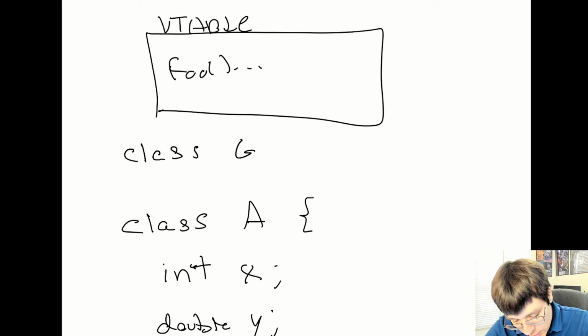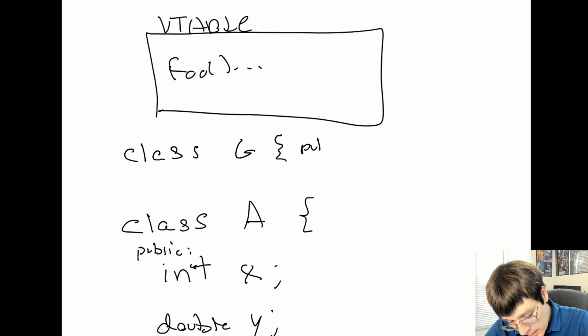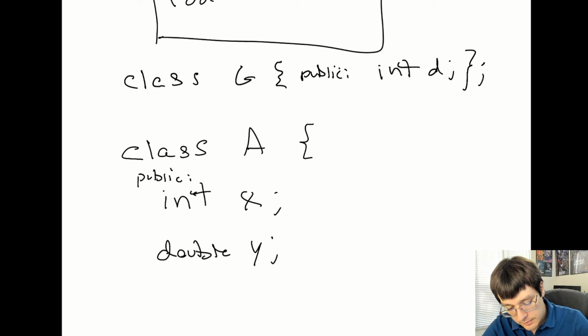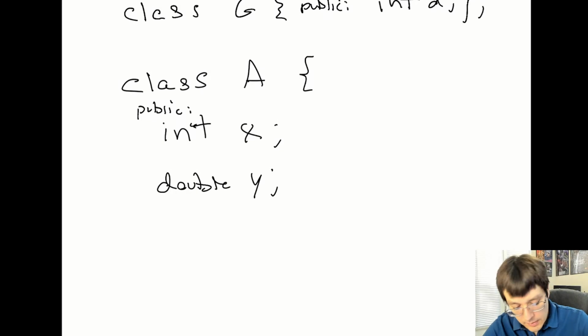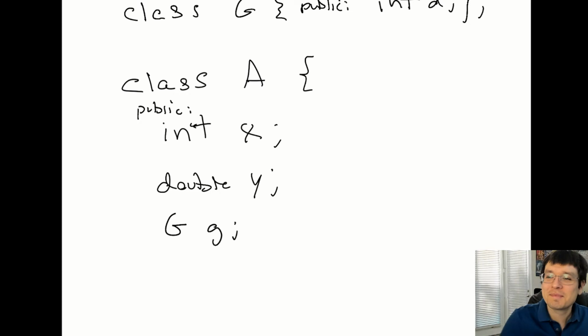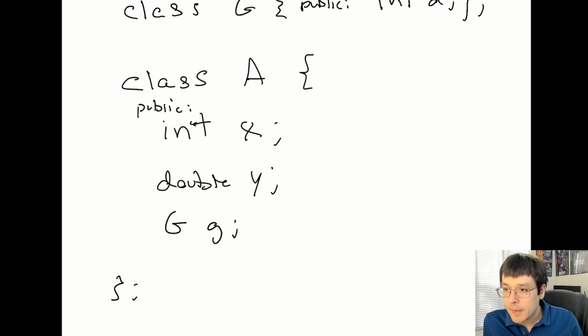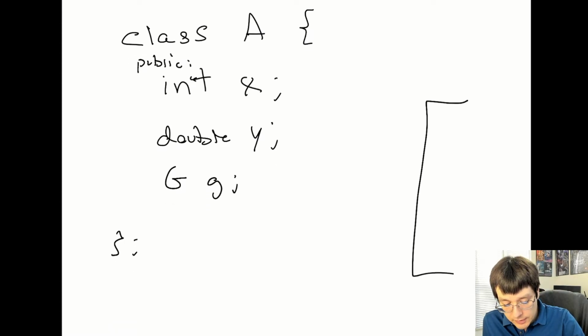We'll call this class G, and class G is going to have just a random int d in there, okay? So we're going to use composition, and we're going to put a G in here, G g. Okay?